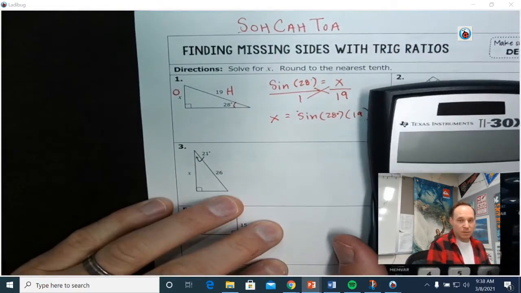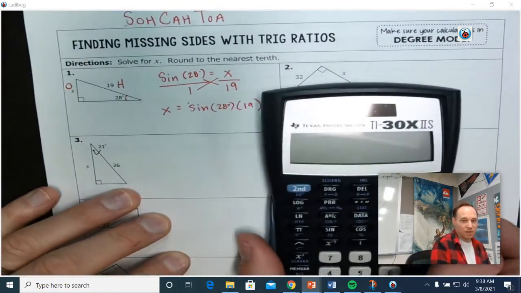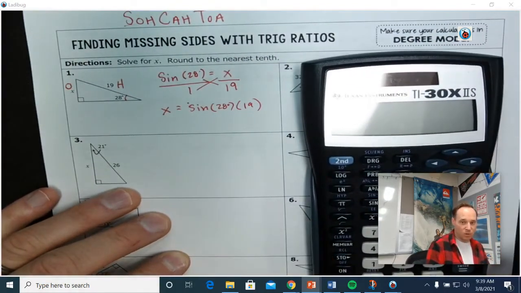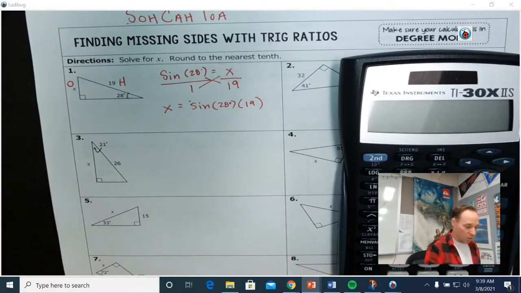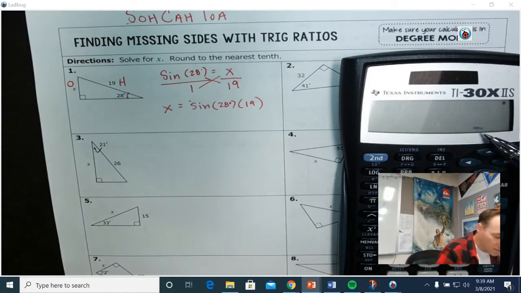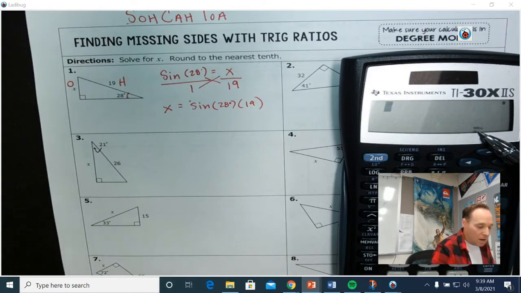Calculator time. Now, how you do this depends on what type of calculator you have and how it works, because some calculators work slightly differently than others. You might have noticed that sometimes you have this little thing that says DEG, or degrees. Since we're using degrees and the sine, cosine, and tangent ratios, it has to be in degrees. If it's in radians or RAD, it doesn't mean you're rad, it means your calculator's in the wrong mode.